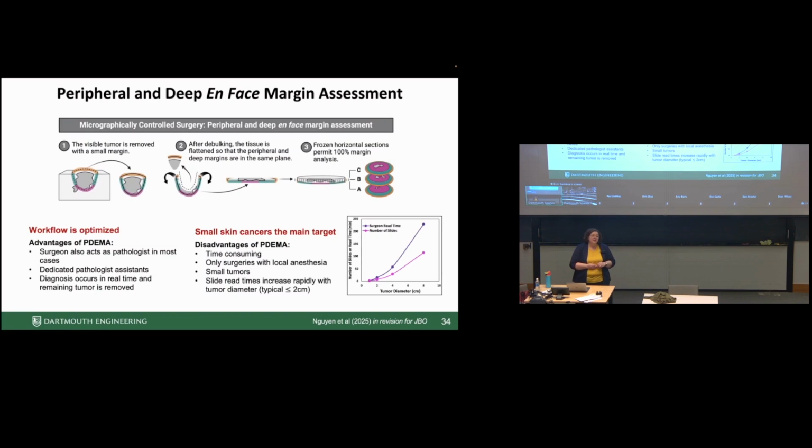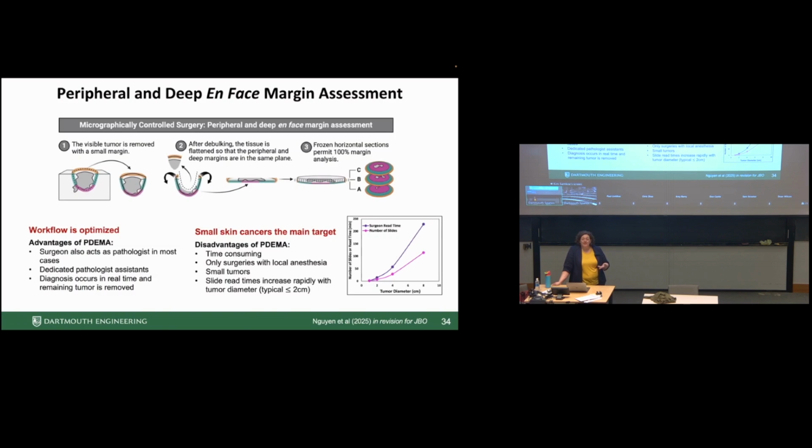So if you think about having 2 or 3 even, this is a fairly long surgery. These tumors are very small, typically up to 2 centimeters in diameter. You cannot do this for large tumors, and one of the reasons is just the time. These patients are awake during these surgeries.